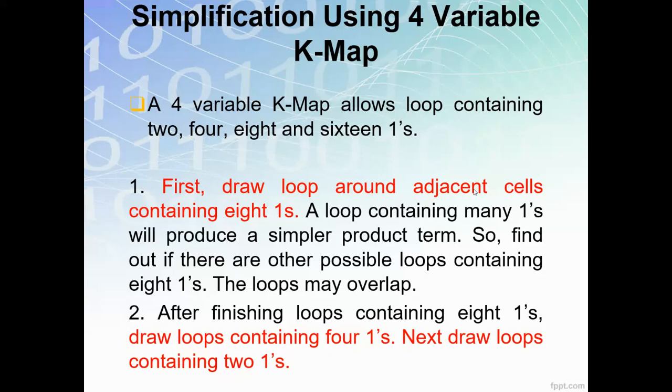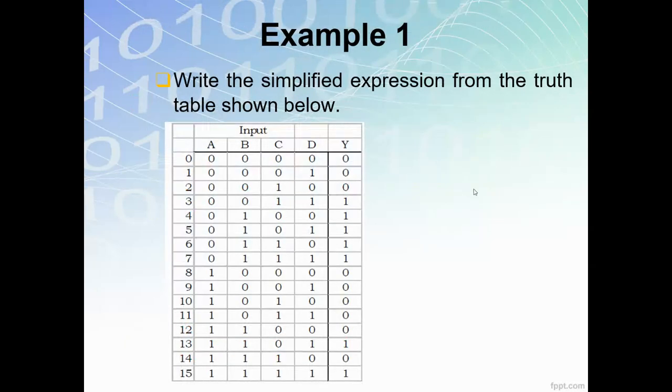Firstly, what you need to do is draw the loop that has the biggest group of 1s: 16 or 8, followed by 4 and 2. This is the first example of 4 input variables, with the truth table. The truth table for 4 variables is quite big, because 2 to the power of 4 is 16, so the cells run from 0 to 15.